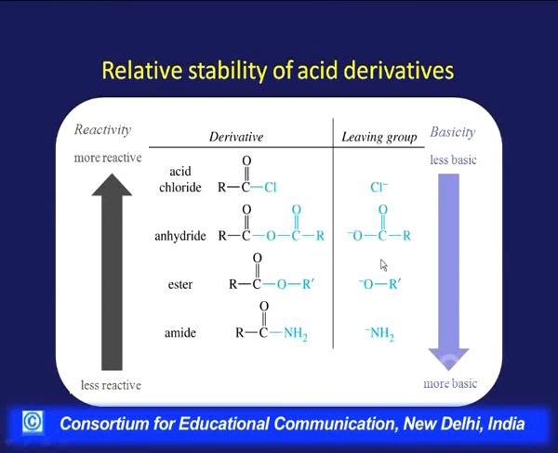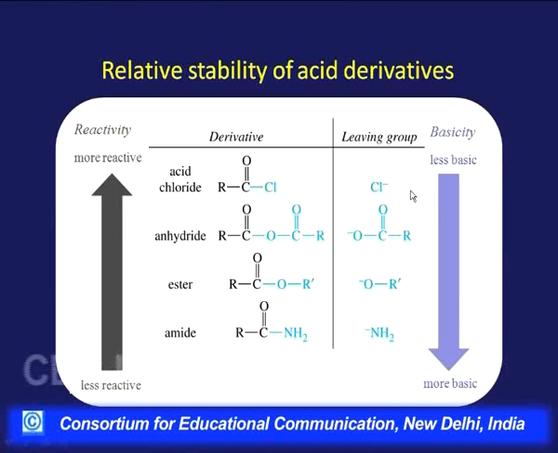Now, out of these, whichsoever is a stronger base will have less tendency to leave and higher tendency to attack. As we move from chloride to OCOR, then OR and NH2, we find that their basicity increases. This is more basic, this is less basic, right.